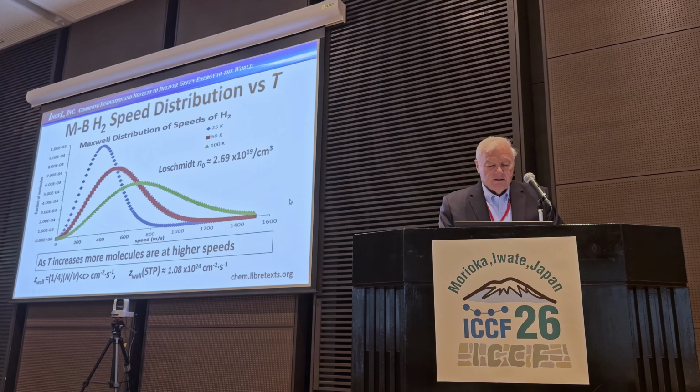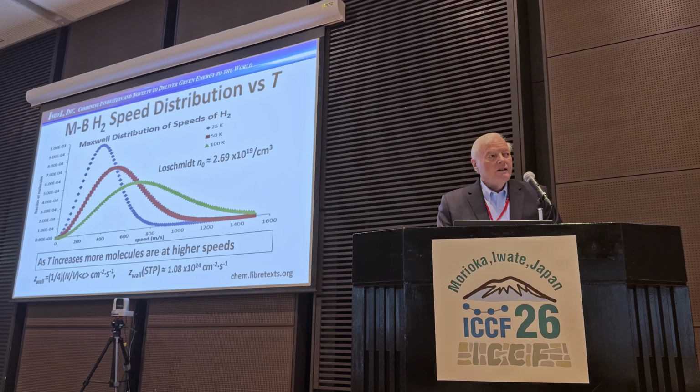And as it increases, there are more molecules with enough energy that they can knock things off, and we're having 10 to the 24th impacts per second per square centimeter against the electrodes. So even though we're down by several orders of magnitude, we have a big number that we can apply to the problem. And here's the energy distribution.